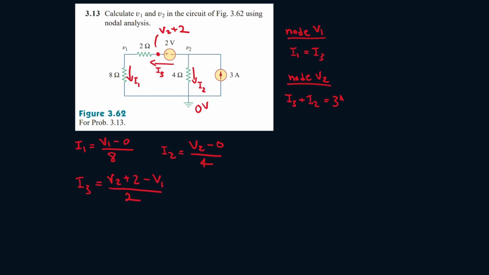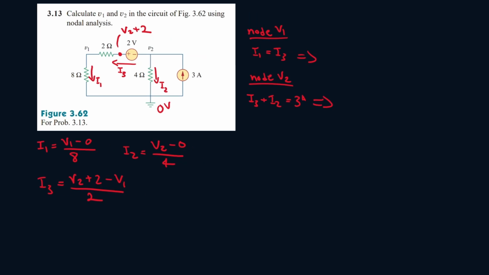Okay, now let's plug everything into our equations. So I1, it's V1 over 8 equal to I3, which is V2 plus 2 minus V1 all over 2. Then for node V2, it's V2 plus 2 minus V1 all over 2 plus I2, which is V2 over 4, equals 3.